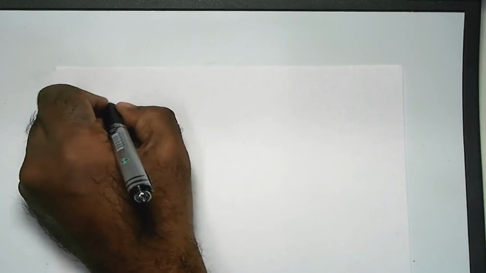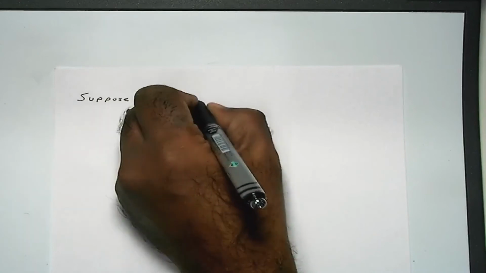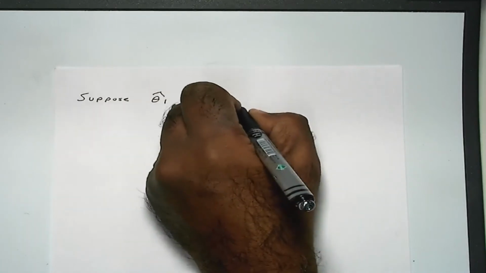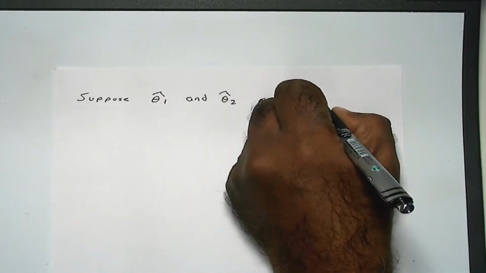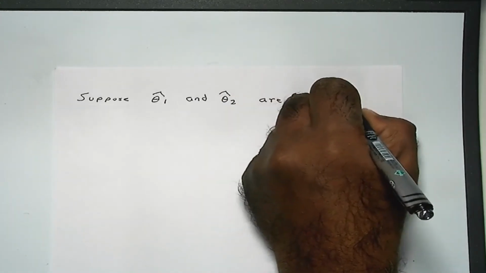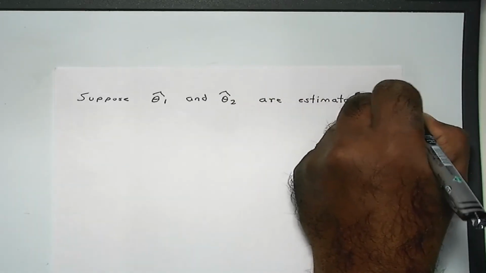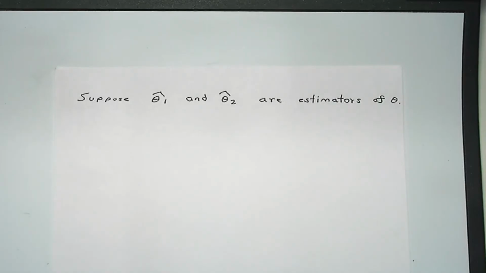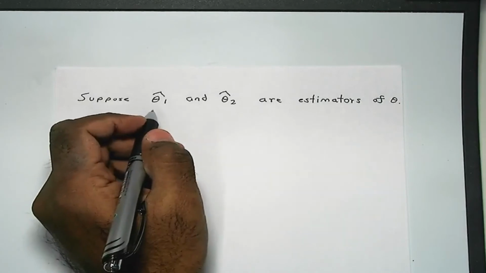Now suppose you have two estimators, theta 1 hat and theta 2 hat. Right? And the question is which one is better and how you select. Right?